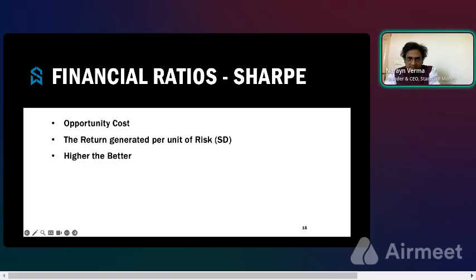The fund with a higher Sharpe ratio is expected to be a better performer, because all these ratios are based on historical data. So this only gives you a picture of the fund consistency and what you can expect out of the fund.